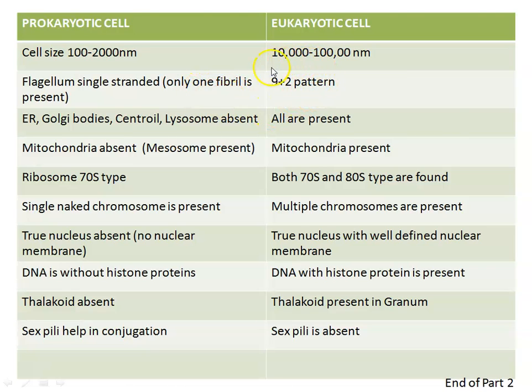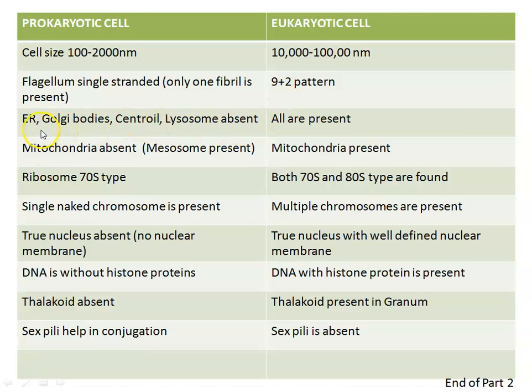But in case of a eukaryotic cell, the fibrils present in the flagella are in the form of a 9+2 pattern. Don't worry, we will study that once we do the flagellum in detail in the later videos. I will explain to you what this 9+2 pattern is.